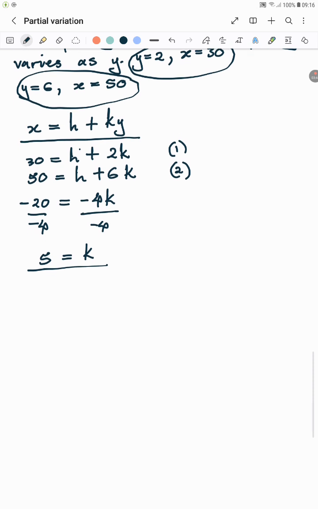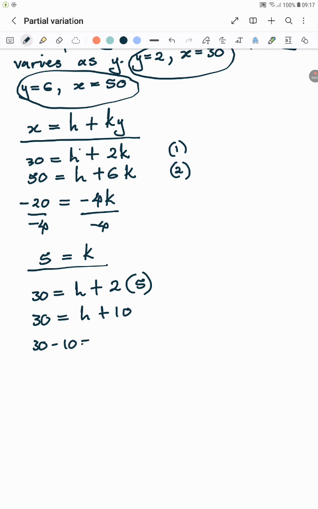So you substitute in the first equation to find the value of h. So you say 30 is equal to h plus 2 times 5. You say 30 is equal to h plus 10. You subtract 10 from both sides, and you're going to have 20 is your answer here for h.